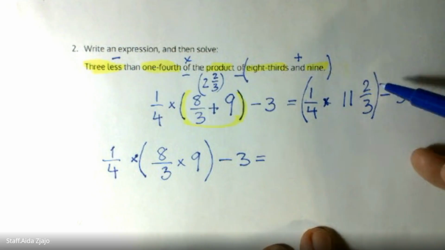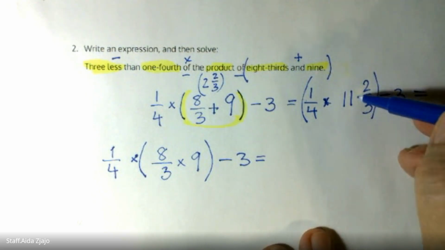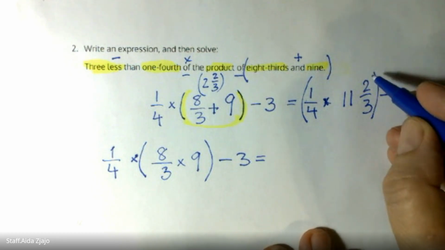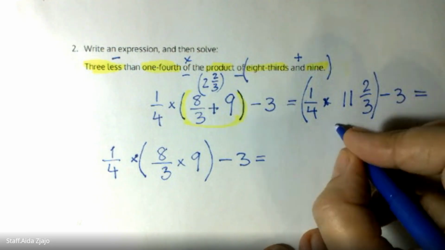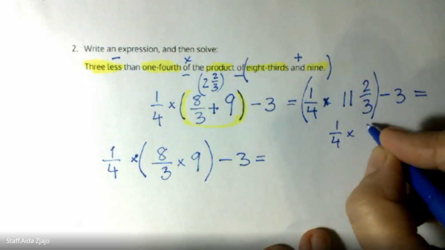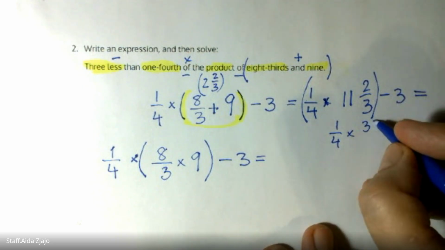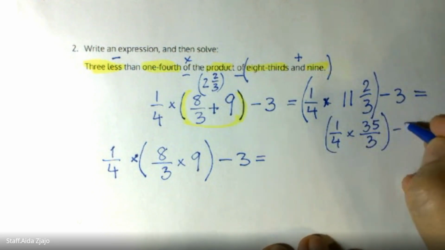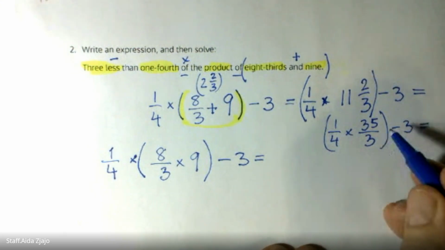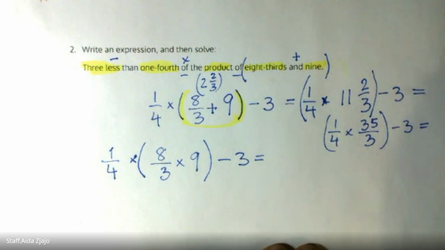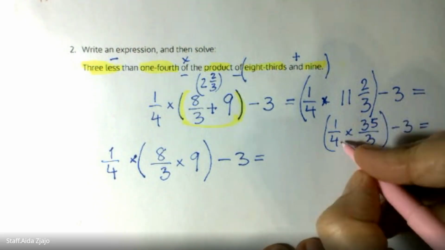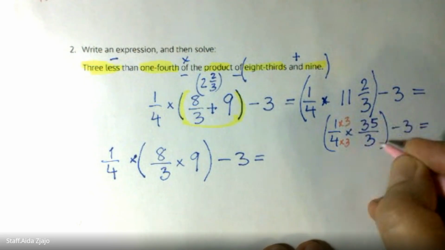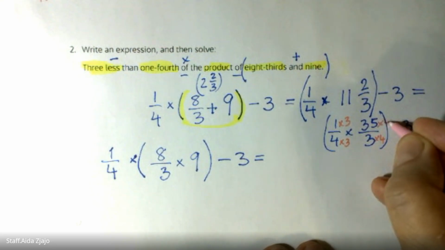So let's see how Mrs.Z is going to do that. I have the option to change the 11. 11 times 3 is 33, plus 2 makes 35/3. So 1/4 times 35/3, and then minus 3. Now 4 and 3 are not the same, so I'm going to make them same size fractions by multiplying by 3 and by 4 here.